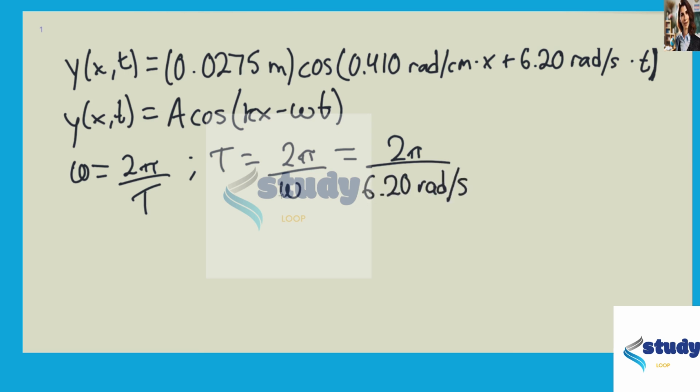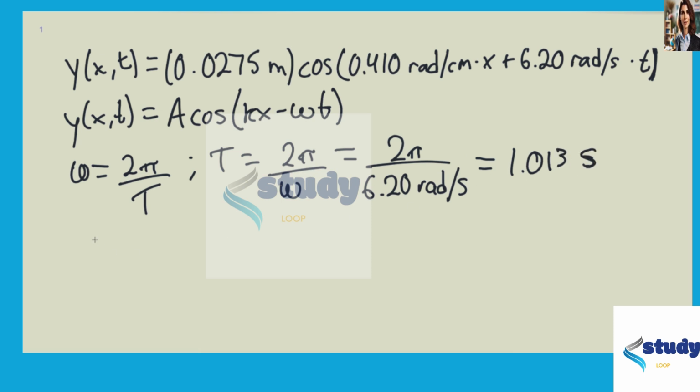We found the omega by relating this equation to this equation, and the coefficient of the t is going to line up with the omega, or the angular frequency of this wave. So the angular frequency is found simply by taking it from the original equation, and this is going to be equal to 1.013 seconds.